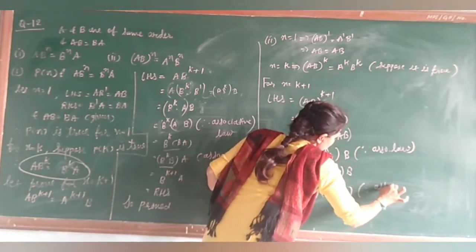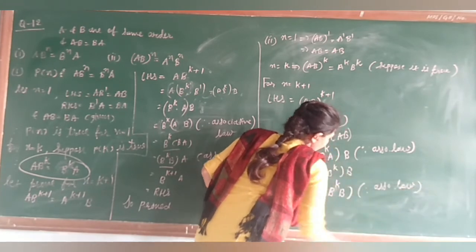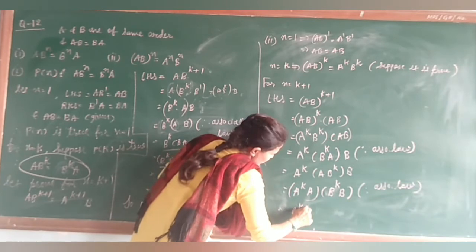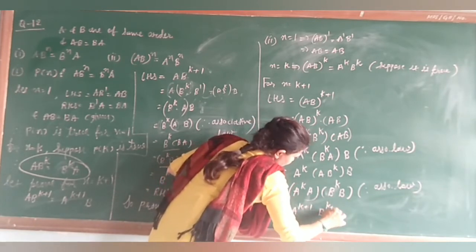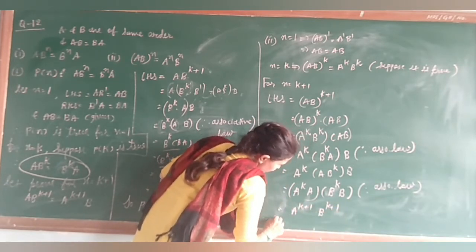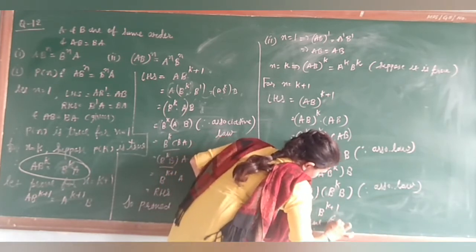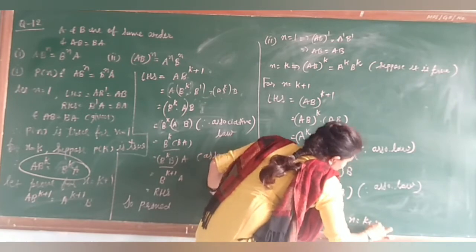Reason again: associative rule. So now again we have A raised to K plus 1 and B raised to K plus 1. Therefore Pn is true for n equals K plus 1.